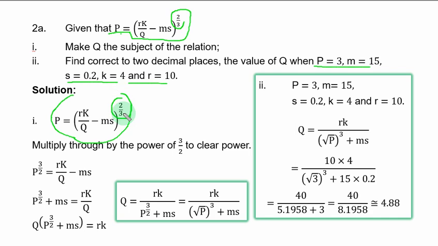So you multiply both sides by the power of 3 over 2 to clear the power. The power will be attached to P in this form and disappears from here, and you have this remaining. Now let's transfer this, because we are aiming at making Q the subject.